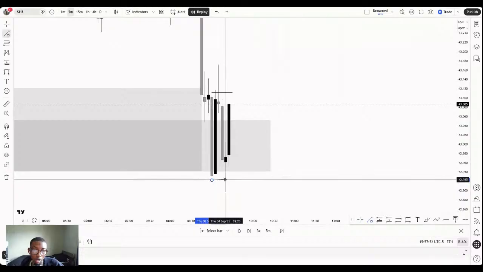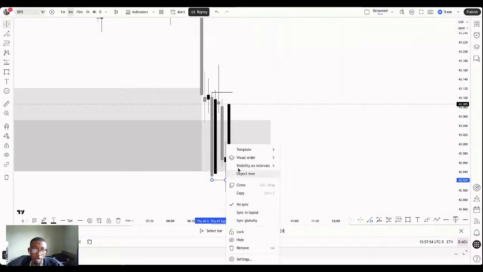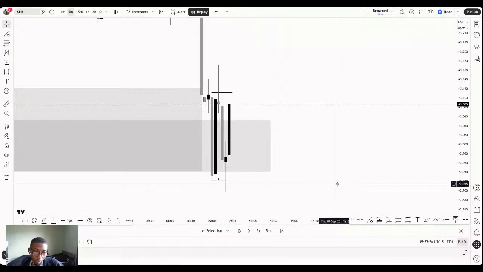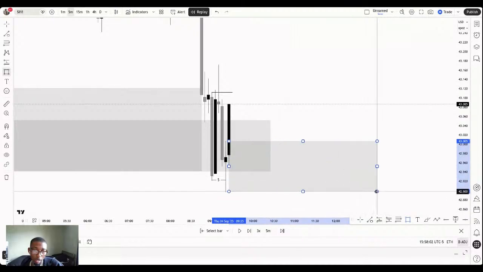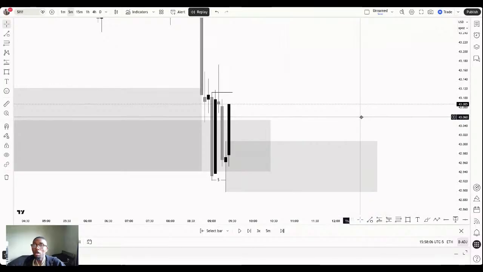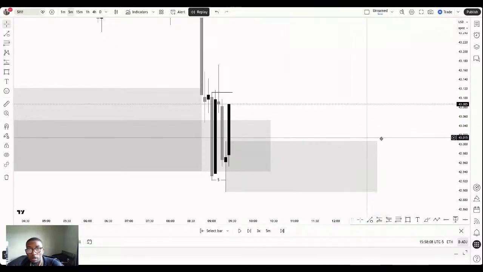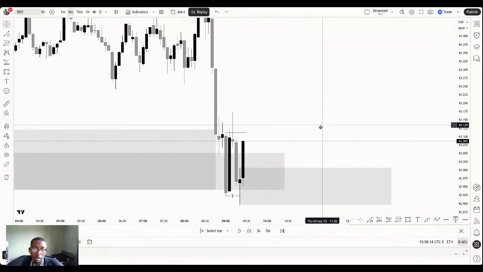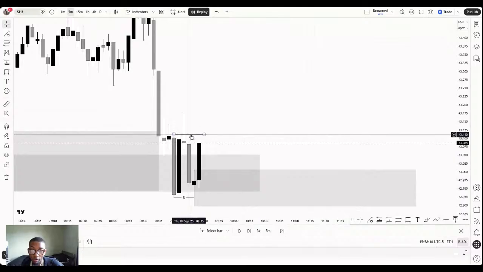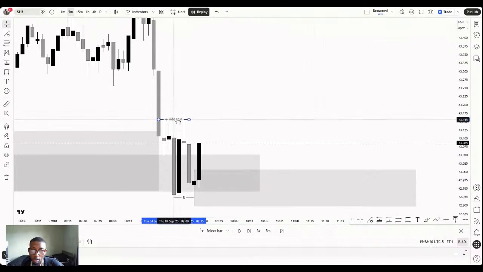So here, price came all the way down here, sweeping liquidity. After that liquidity sweep, it gave me a fractal market shift, right? And this is my pivot candle that led to the imbalance. So honestly, I still would not enter only because price is still heavily bearish. So basically, I would need for price to close above here.